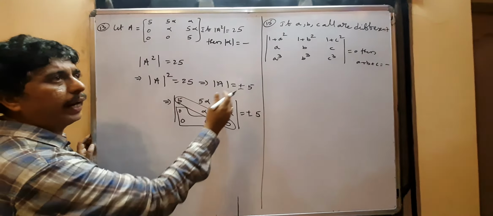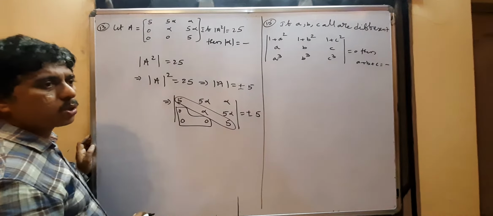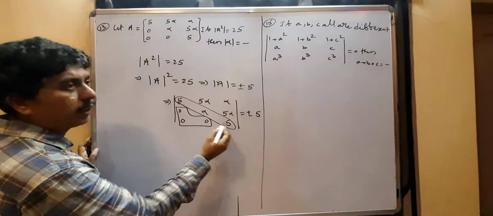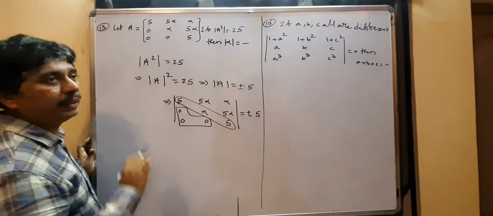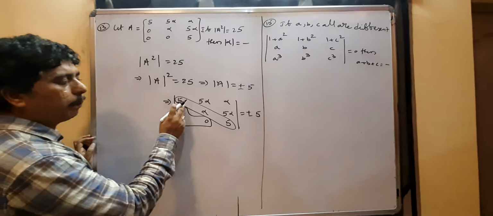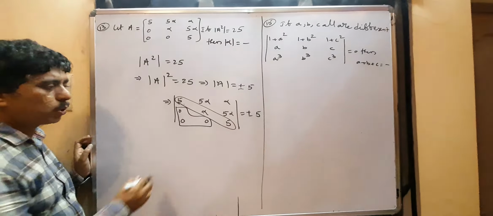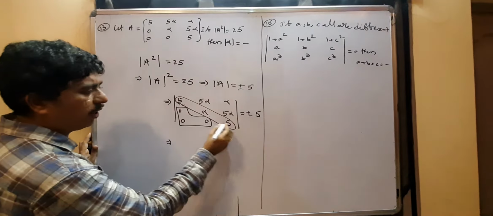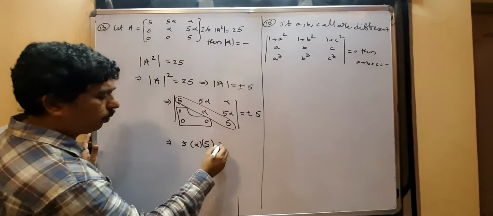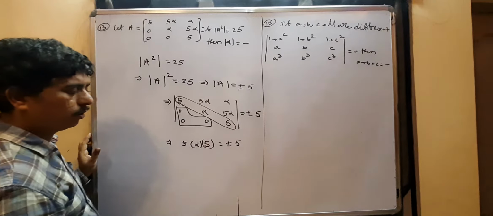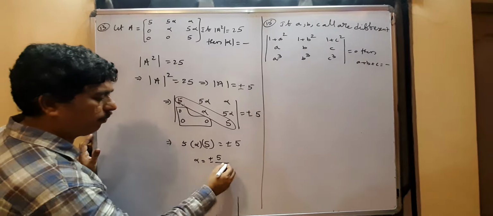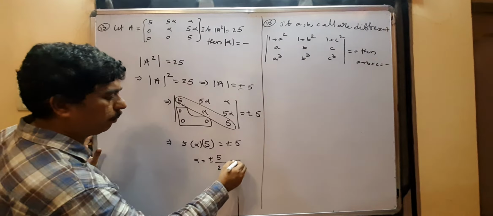The determinant of a triangular matrix is the product of the principal diagonal elements. So that is 5 into alpha into 5 equal to plus or minus 5. 25 alpha equal to plus or minus 5, so alpha is plus or minus 1 by 5.